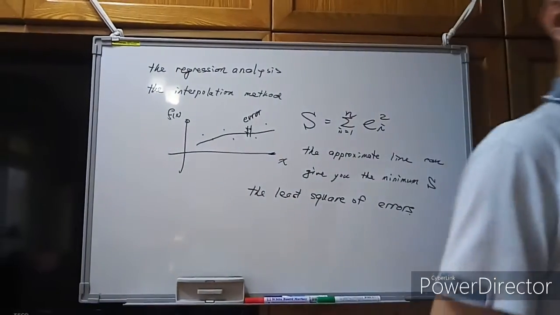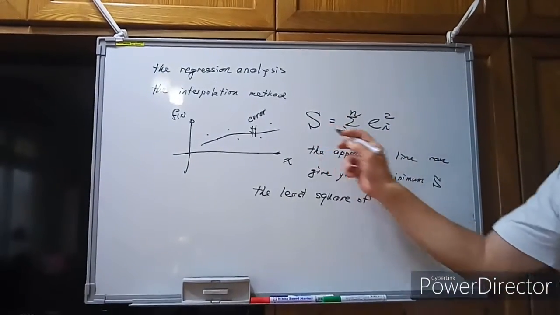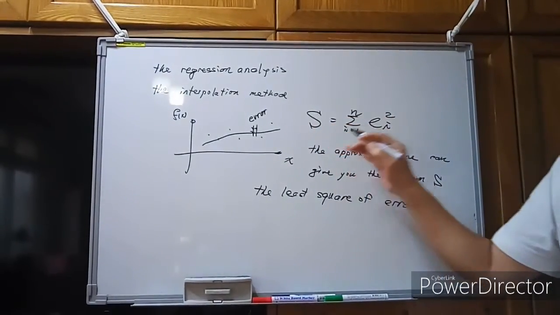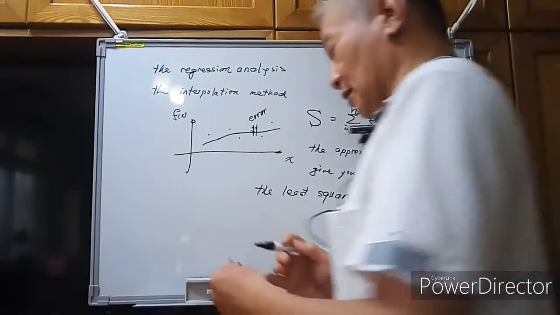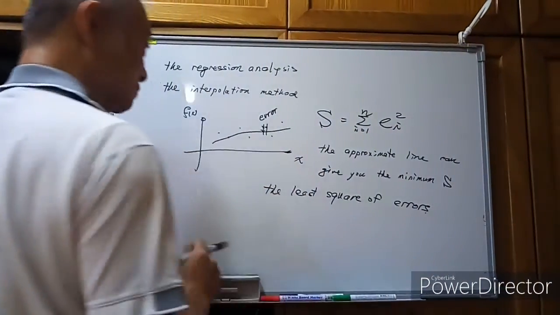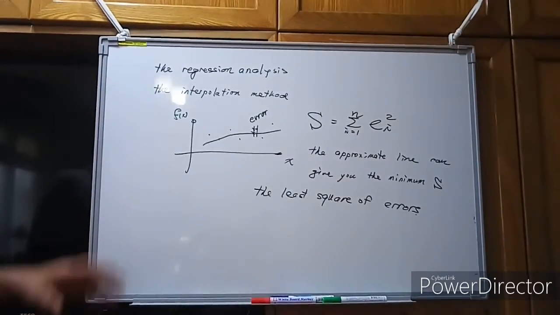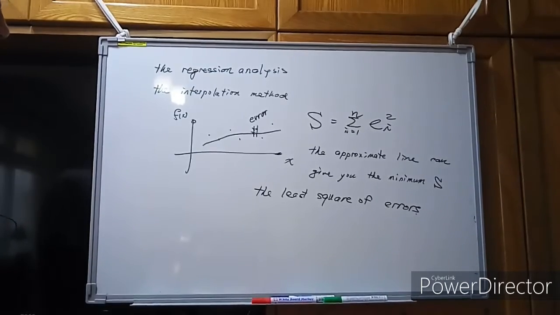So the most important thing you need to understand is the definition of the capital S, which is the summations of the squares of the errors. Okay, you can print the screen since I like to erase the board.